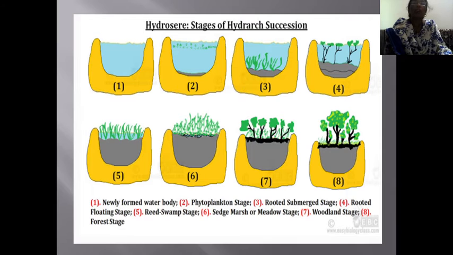One by one these successional communities, different types of communities, arrive in that aquatic habitat, their multiplication, growth and development take place, and at the end their death takes place.